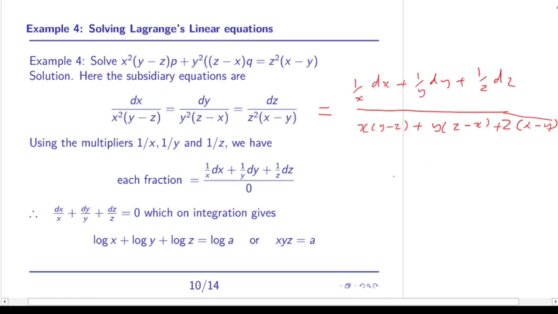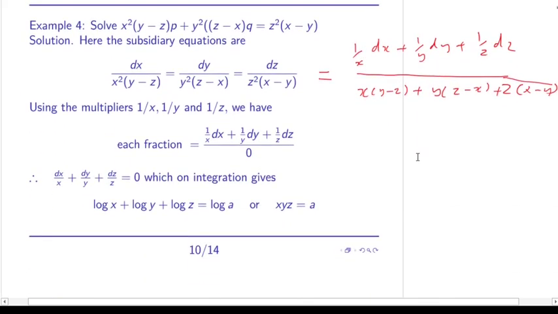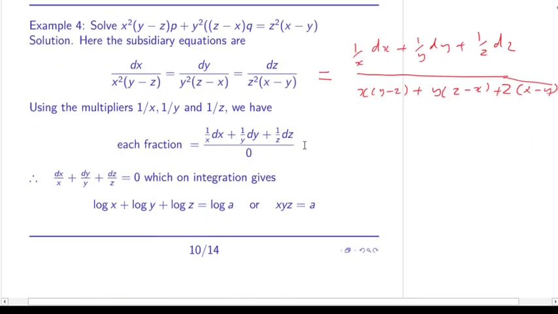That means 1 by x dx plus 1 by y dy plus 1 by z dz divided by 0 equal to lambda. That means 1 by x dx plus 1 by y dy plus 1 by z dz equal to 0.